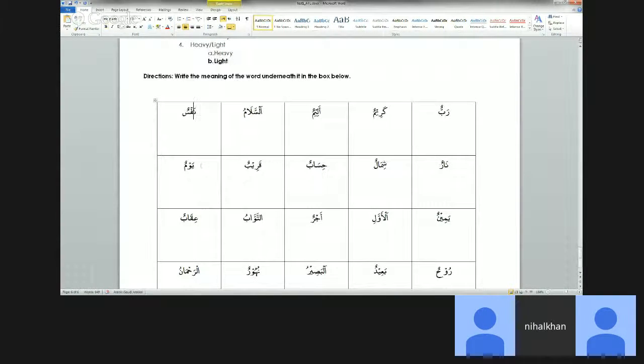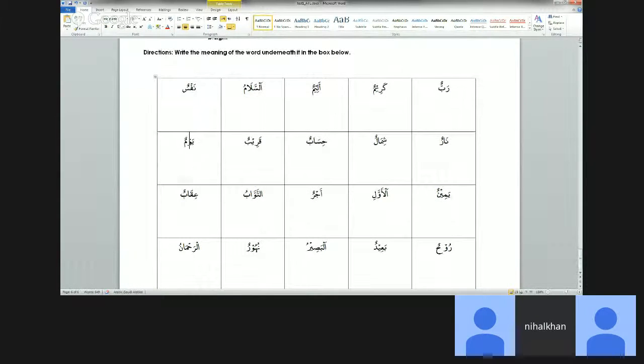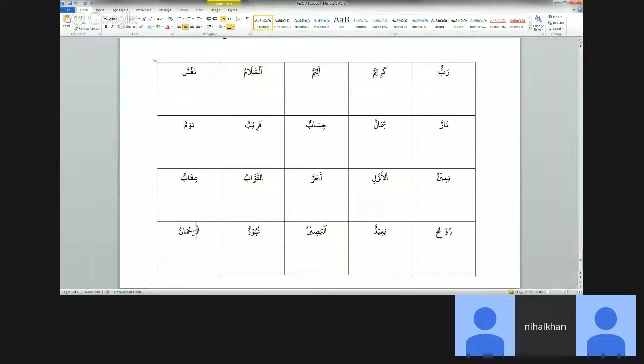Nafsun means soul or individual. Yawmun means day. Iqabun means chastisement. Ar-Rahmanu means the perpetually merciful. As-Salamu, the source of peace. Qaribun is near. At-Tawabu, the all-forgiving or the all-acceptor of repentance, something of that nature. Nuhur are rivers. Alim, painful.